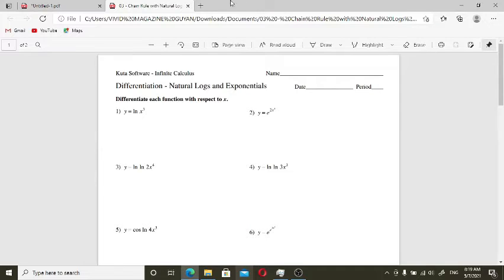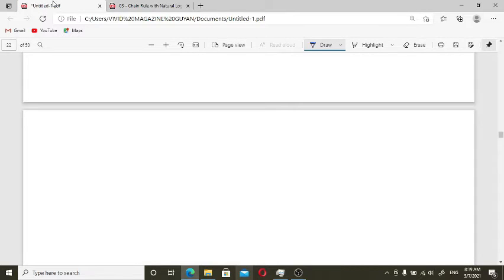Alright, so let's just get something out of the way one time, which I highlighted in the last class. ln x differentiates to 1 over x, and e to the x differentiates to e to the x.